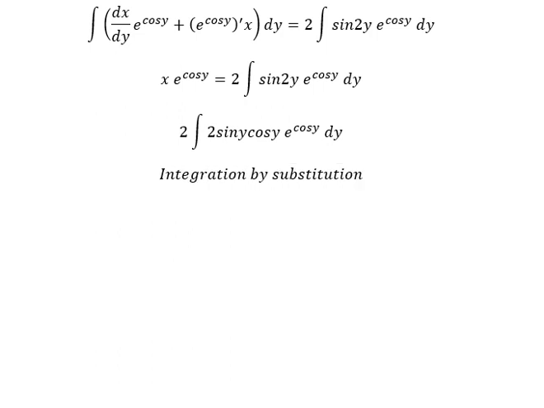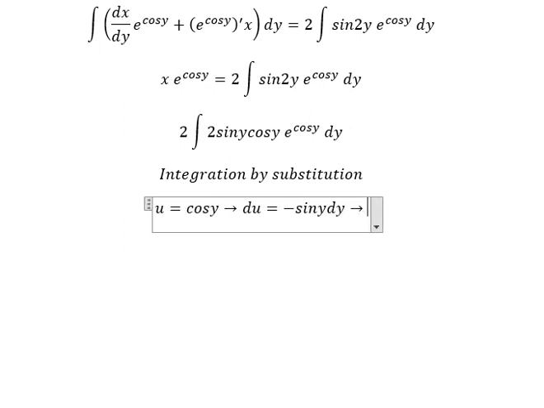So I will put u equals cosine y. Later we need to do first derivative for both sides. Because we don't have the negative sign in here, I will put this one go to the left.